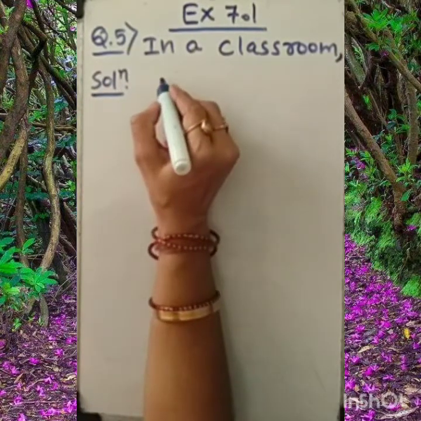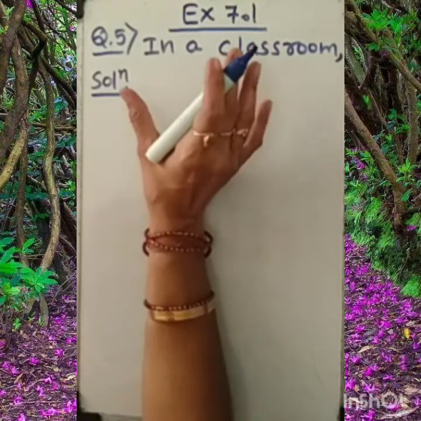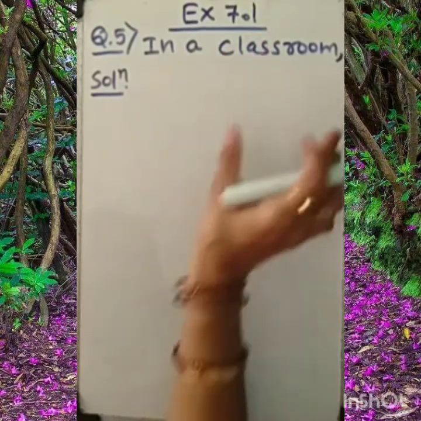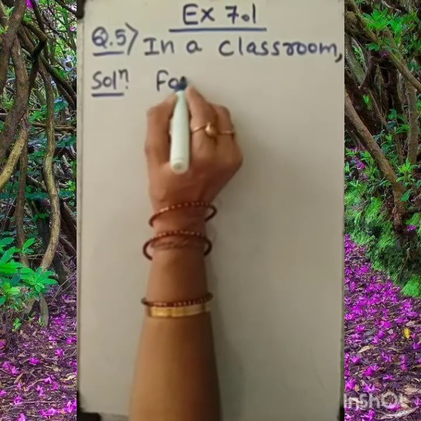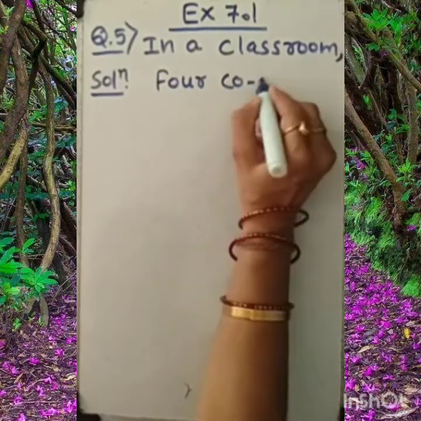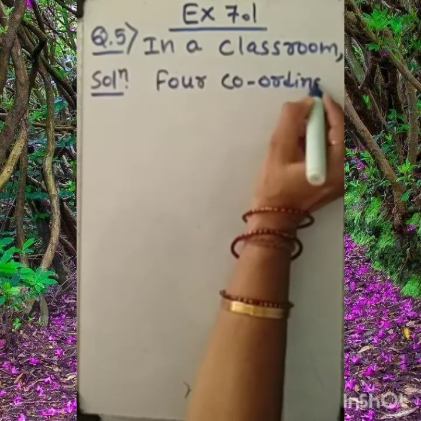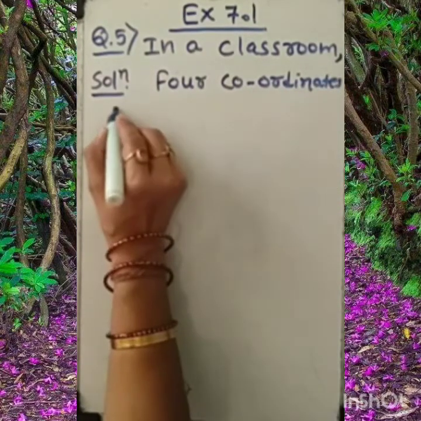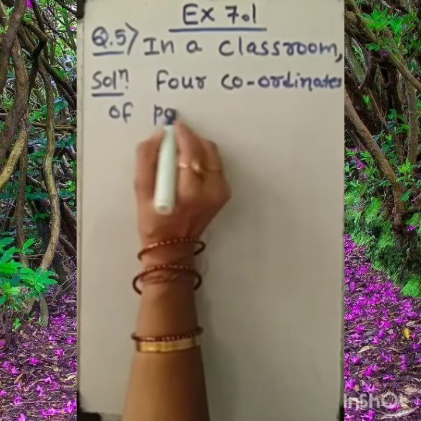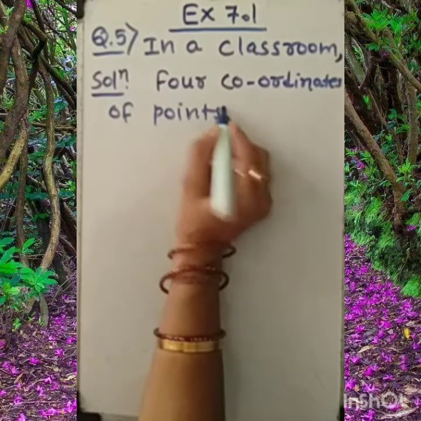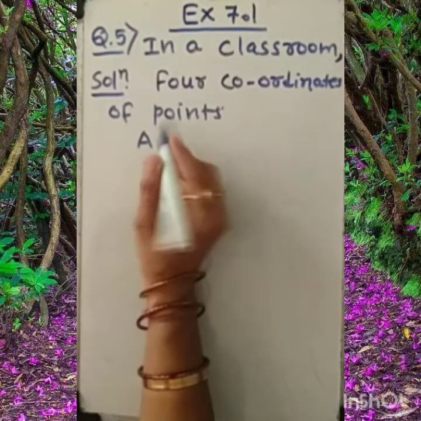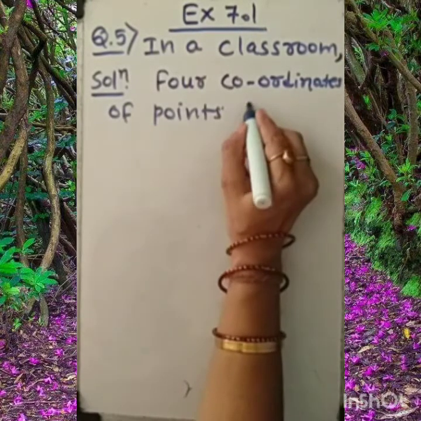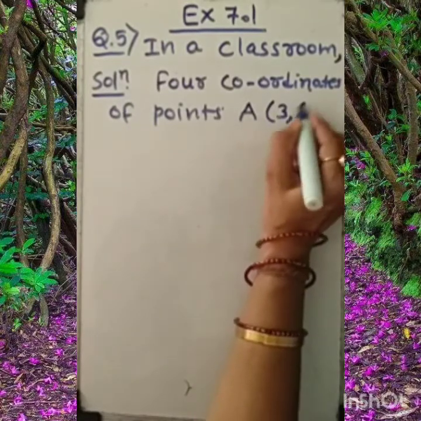I am considering the four points given in the figure, that is, the four coordinates of points, meaning the vertices of a quadrilateral. A we are considering as 3, 4.